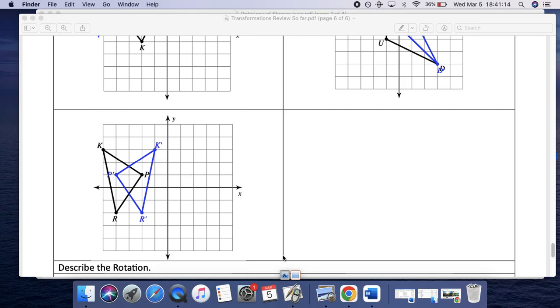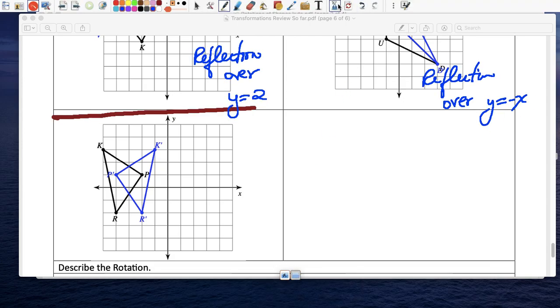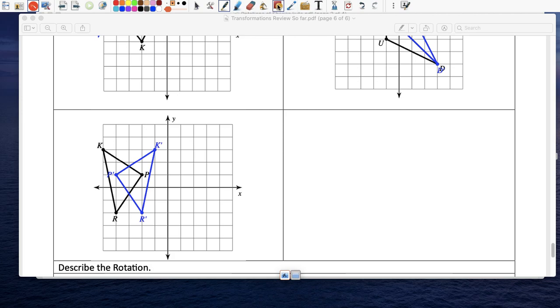This one, let's find the line of reflection. That's not that hard to see, it's right here. So this is a reflection over x equals, well, -1, -2, -3, over x equals -3.